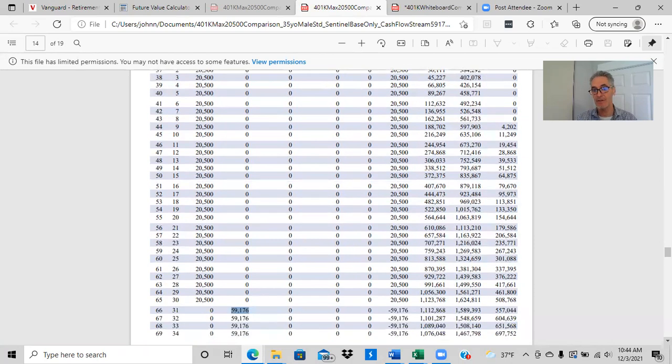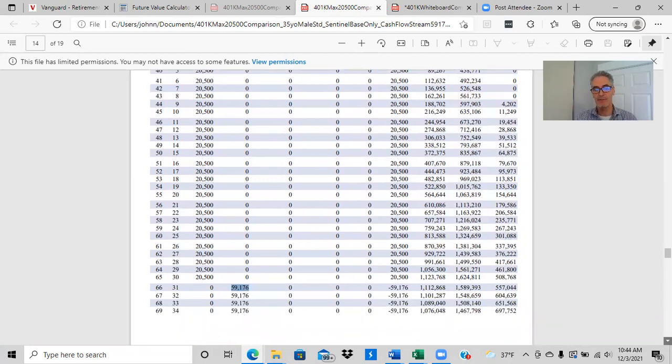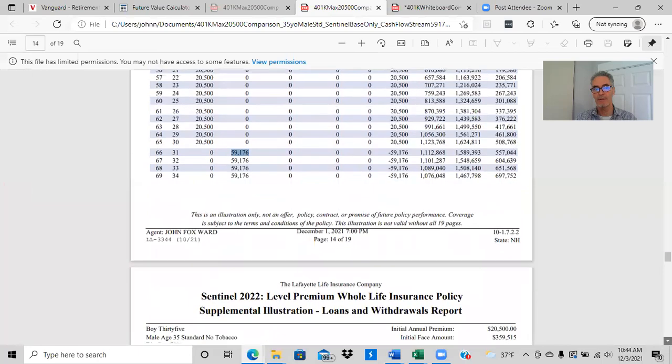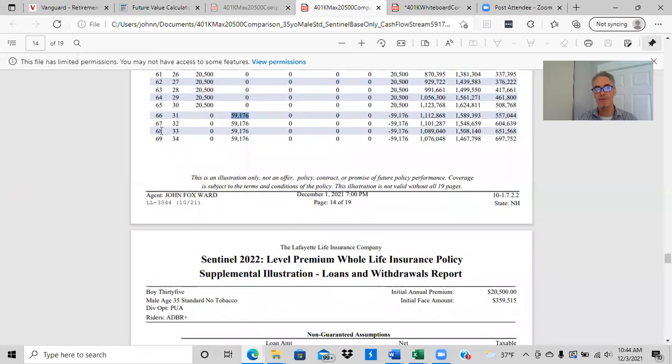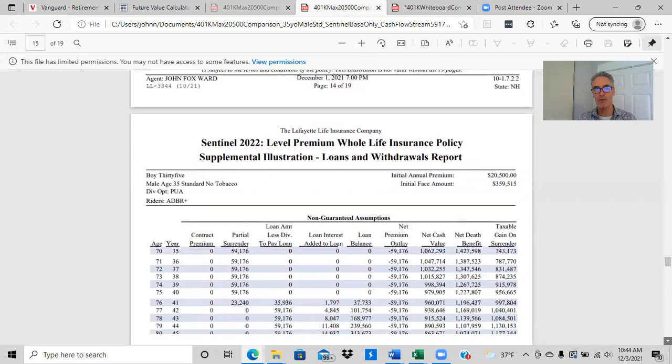And then there's obviously been some growth in this policy. So at one point, you can see your age. You can see this is the age column right here. You can see that it's going to continue to be 59,176. And starting at age 76, you're going to start streaming it out as loans.